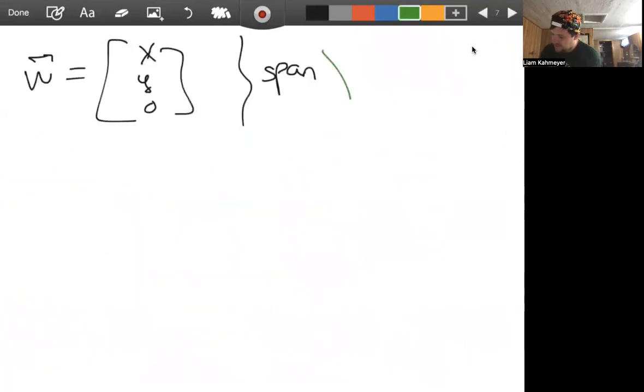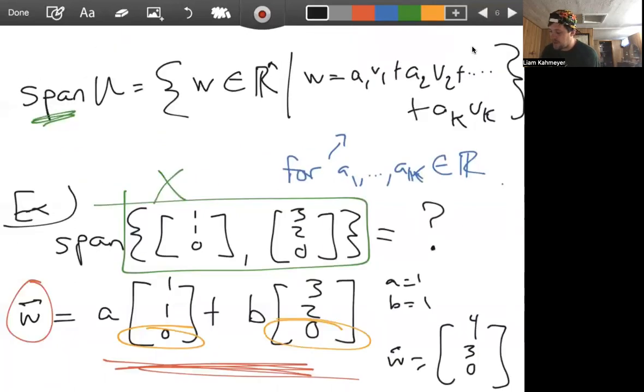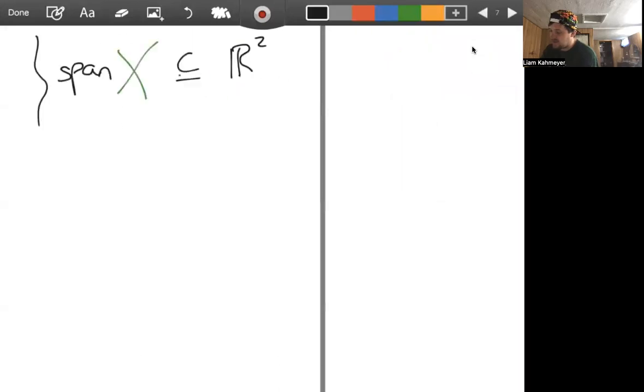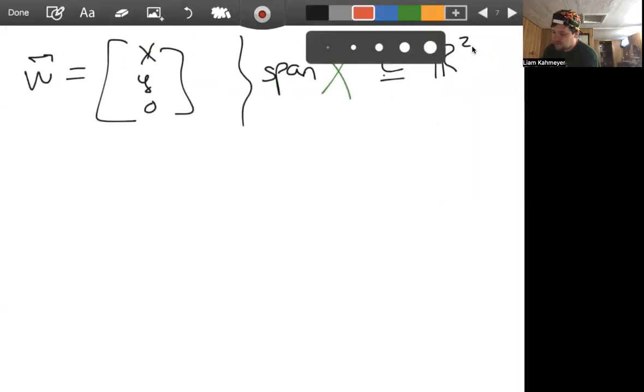So the span of the set capital X, we now know is contained in R2, right? Because these vectors are going to have no third dimensional component here. And so we're just looking for vectors in R2.